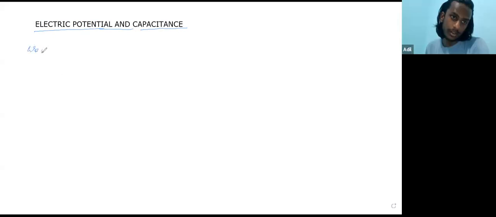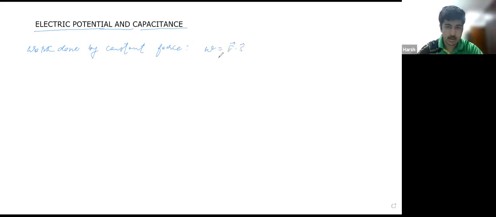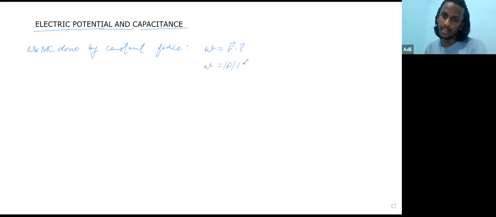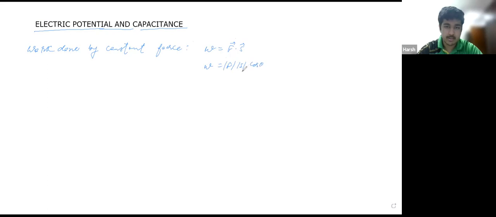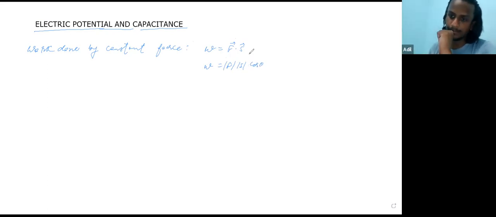The first one is work done by constant force. W is equal to F dot S, or sometimes it can also be written as F S cos theta. F and S are in terms of magnitude, right?